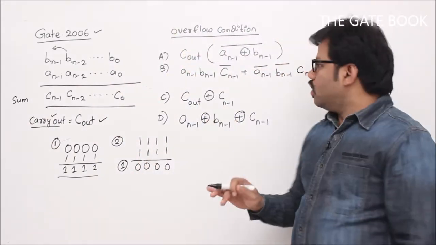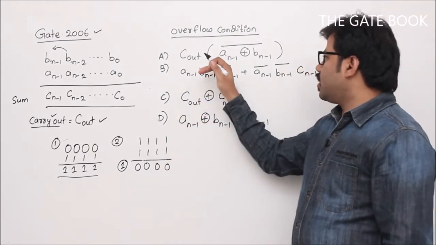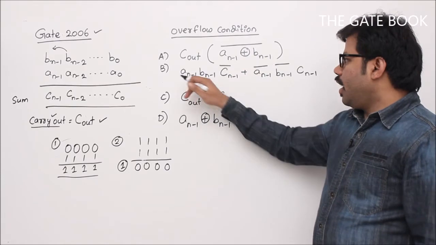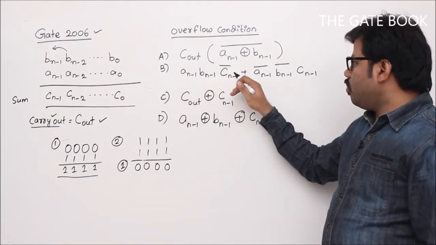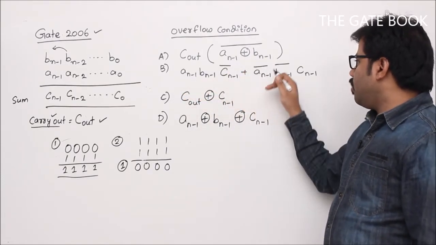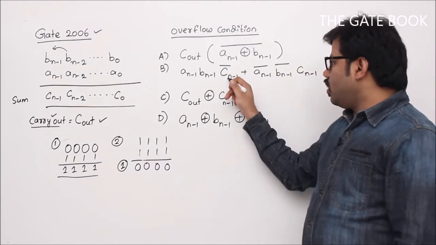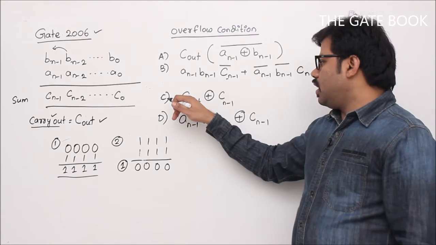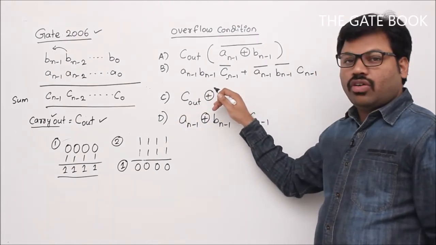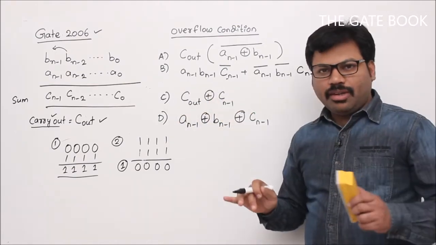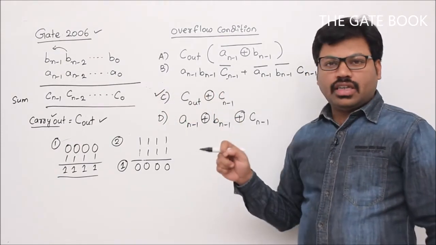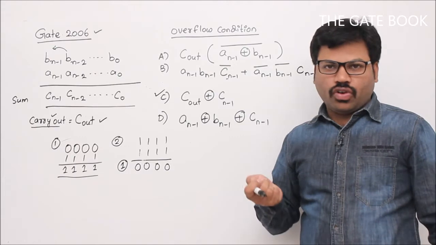That is the problem. They have given options like this: C out dot an minus 1 XOR bn minus 1 whole bar, an minus 1 bn minus 1 cn minus 1 bar plus an minus 1 bar bn minus 1 bar cn minus 1. So actually this is some bit, like Sn minus 1 in our discussion. Now this one, C out XOR cn minus 1. Don't get confused. When you are in a hurry, you simply say that C is correct, because already you were taught that C out XOR cn minus 1 is the overflow condition.